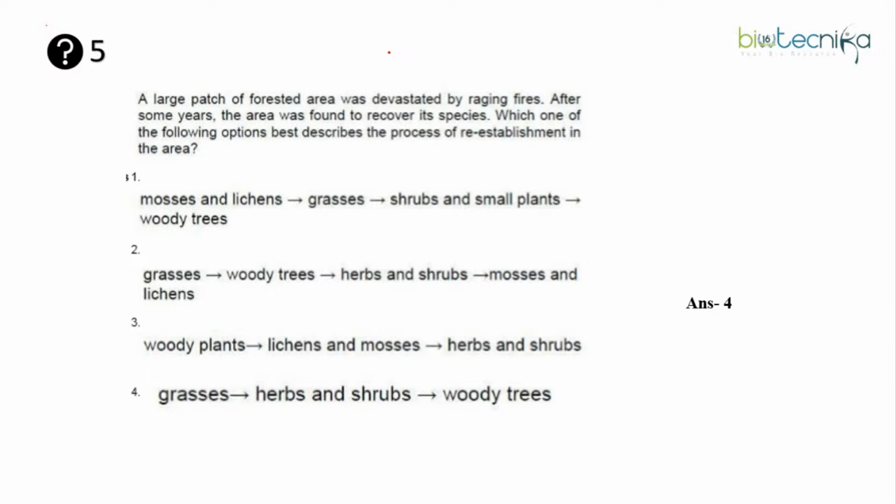So that means the soil is already formed. You don't have to waste time in forming the soil. So you can straight away start from the vegetation, right? So what is the first stage of vegetation? That is the grasses. So grasses, herbs and shrubs, followed by woody trees.